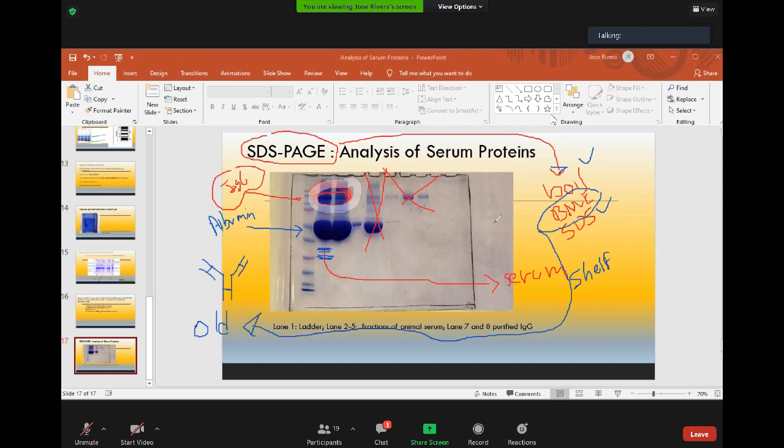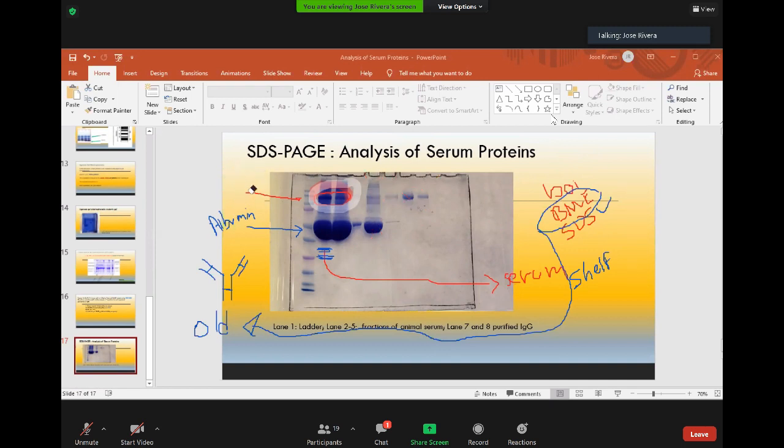You can also see they didn't run this gel long enough, because when we do this lab, you start at 4, and once you get to 5 or 5:30, everybody wants to leave. They asked me, can I stop the gel? Sure, stop the gel, as long as you know how to analyze what you get. No problem with me.